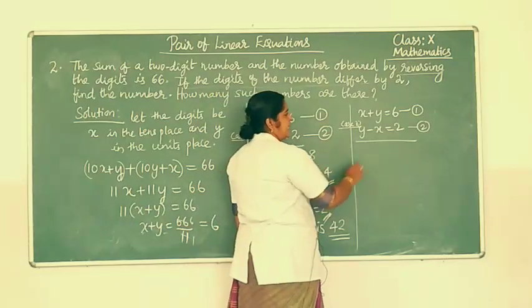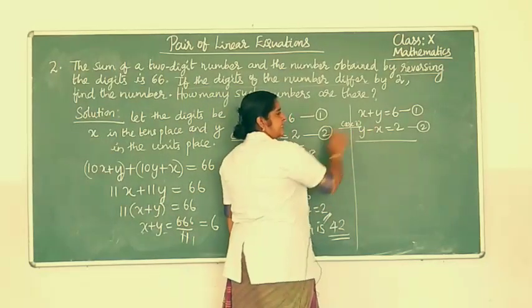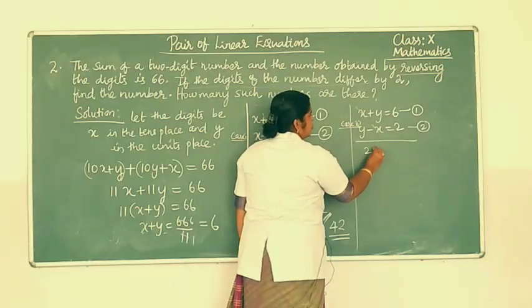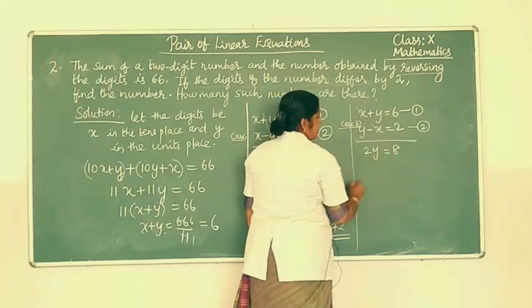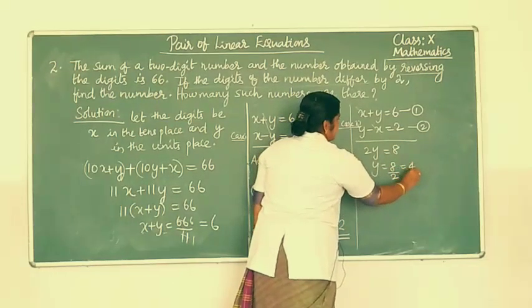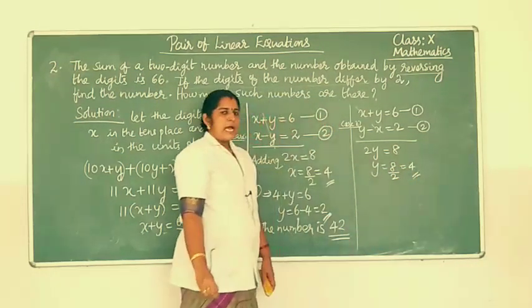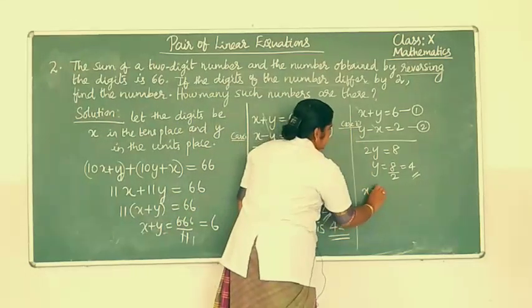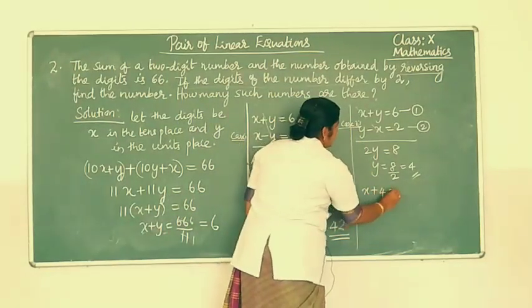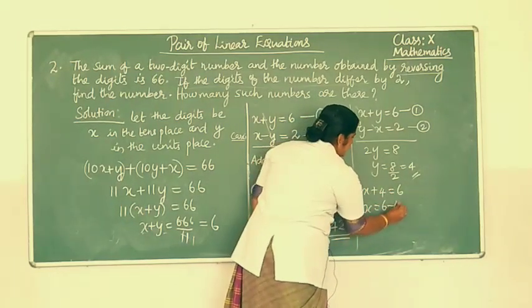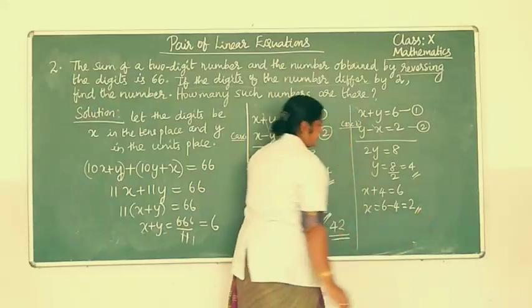When you eliminate, here you can easily eliminate x and minus x. So when x is eliminated, we get 2y equal to 8. So y equal to 8 by 2, that is 4. Now using this y in the first equation, x plus 4 equal to 6, x equal to 6 minus 4 equal to 2.